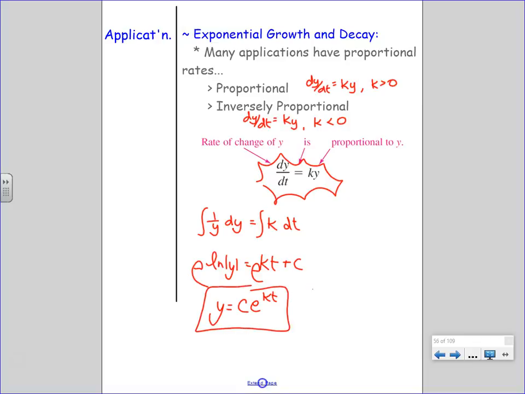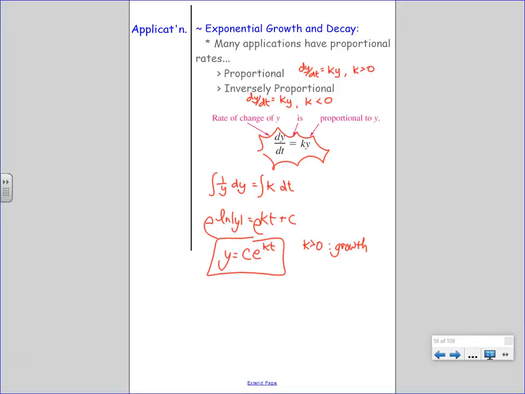And then if k is positive, that's growth. Hopefully, obviously, because a positive exponent indicates the number is growing, and if k is negative, that indicates decay. Because a negative exponent is the same thing as 1 over, hence the division, kind of tying back to what we were saying with directly proportional and inversely proportional.